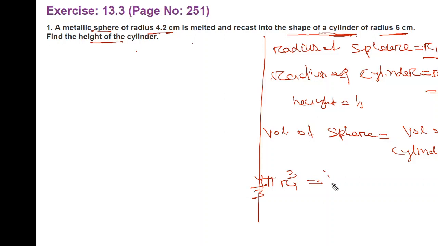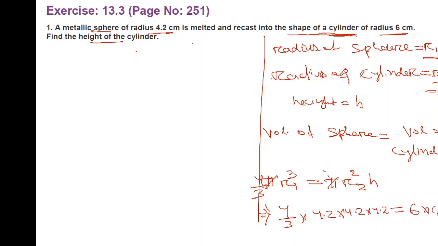The volume of the cylinder is pi r square h, here pi r2 square h. So here you can cancel the pi, then you can write 4 by 3 into r1 cube. R1 is 4.2, so 4.2 cube, you can write 4.2 into 4.2 into 4.2, which will be equal to r2 square into h. So r2 is 6 here, so you can write 6 square or 6 into 6 into h.